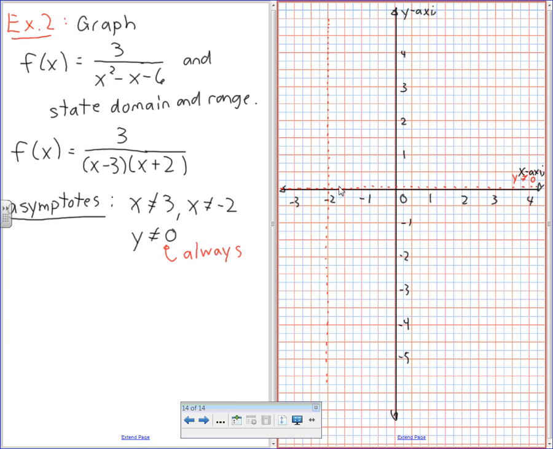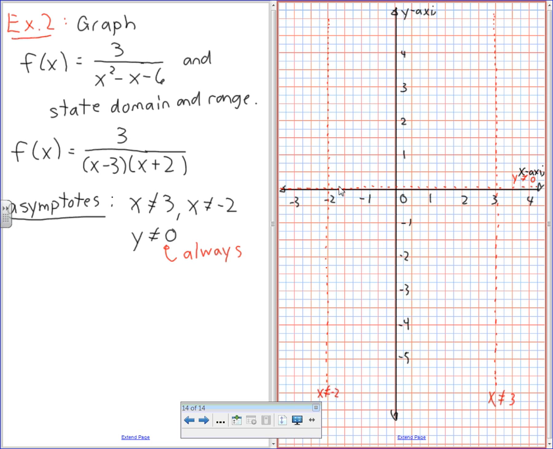If I had a ruler, this would be even better. So that's x cannot equal -2. Over here, I'm going to draw another line and say x cannot equal 3.